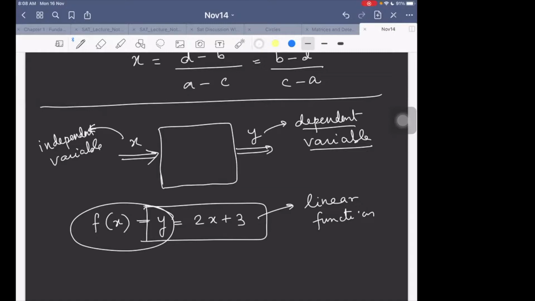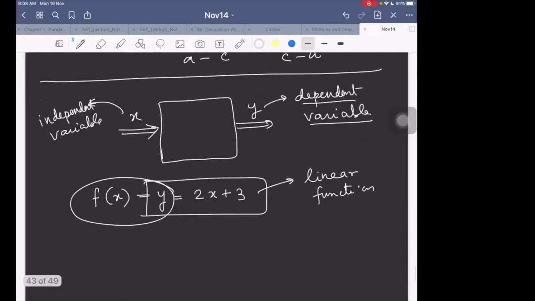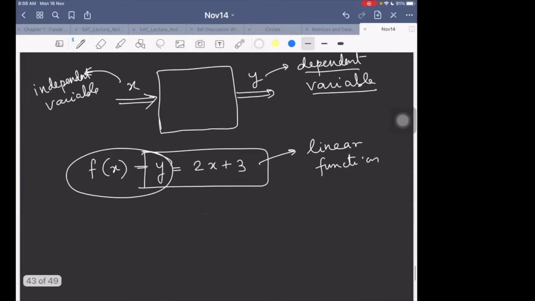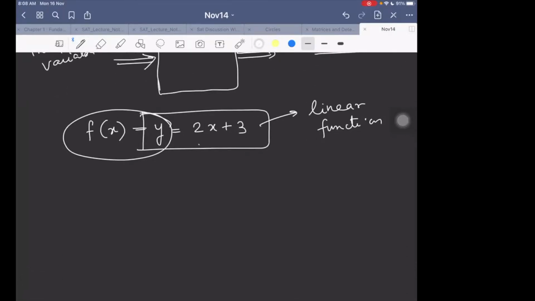So tell me, if you plot the graph of the expression y is equal to 2x plus 3, with your x values on the x-axis and y values on the y-axis, what will be the shape of the curve you will be expecting?